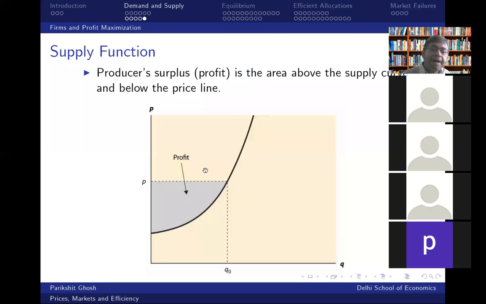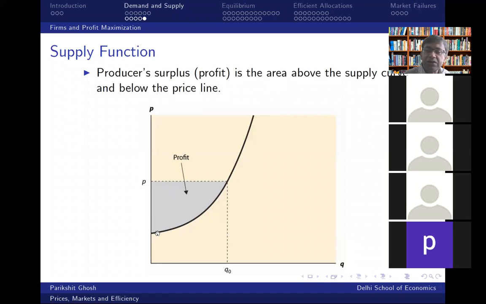Okay. Take any market price. This is the market price, right? Profit or producer surplus, same thing. Right? Producer surplus is just a fancy way of referring to profits. And it's the corresponding notion to consumer surplus. So that is given by the same kind of area, right? Again, the idea is the same. If you look at the first unit, when the firm sells it on the market, it brings in P amount of money, but it costs only this amount, right?